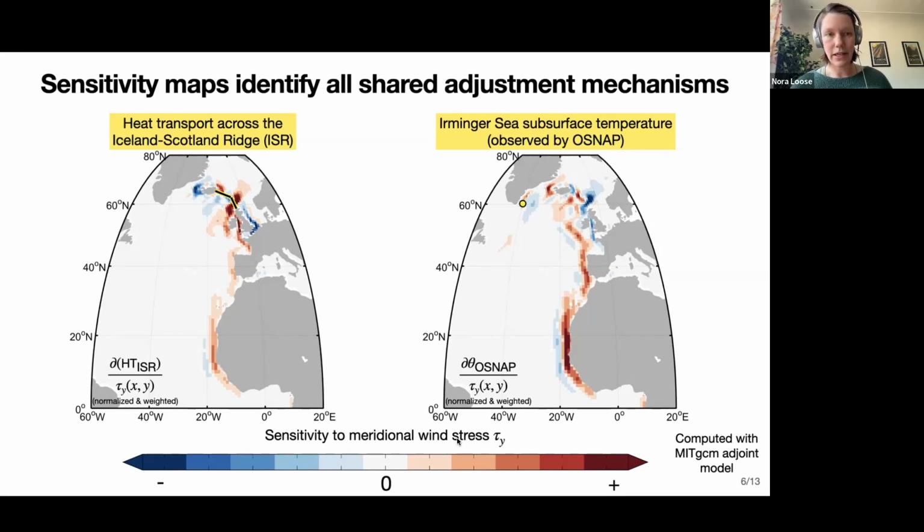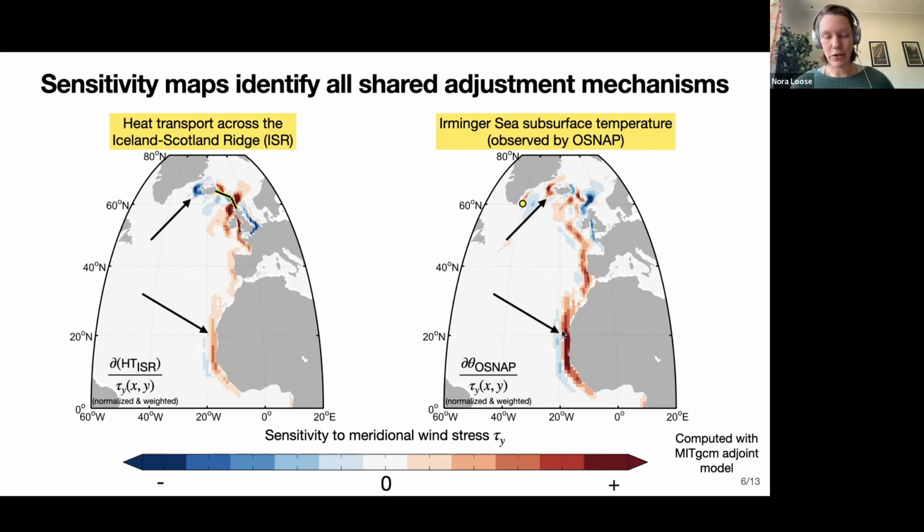We immediately notice that both of these metrics show sensitivity to wind west of Iceland and wind west of Africa, as we expect after the forward perturbation experiments that I've shown you earlier, right? And we also see that the sensitivity to wind west of Iceland is of opposite sign, while the sensitivity to wind west of Africa is of equal sign. That is totally consistent with the anti-covariation and covariation that we observed earlier in the forward perturbation experiments.